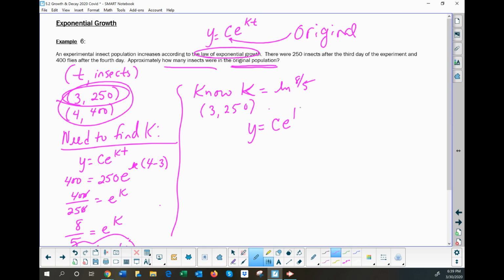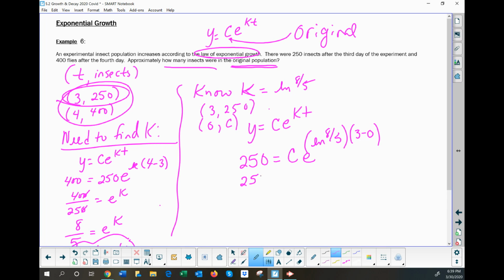I'm going to have my outcome, 250, be equal to the input c times e to the natural log 8/5 times the time that expired, or 3 minus 0 time frame. So 3 days expired, because I'm using the ordered pair 0, c. Okay, and let me simplify over on the right.